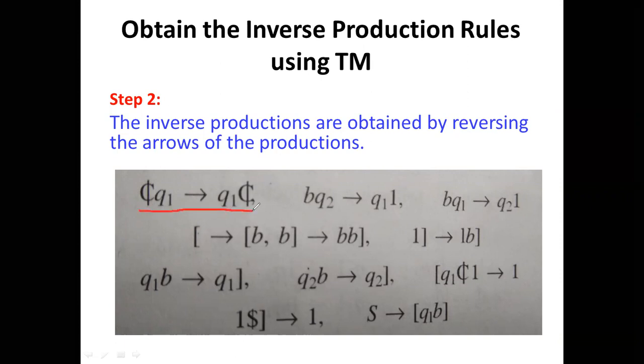So left end marker Q1 to Q1 left end marker. In the same way for all the productions, we just have to use the inverse production rules, that is, reverse the productions obtained in step 1.